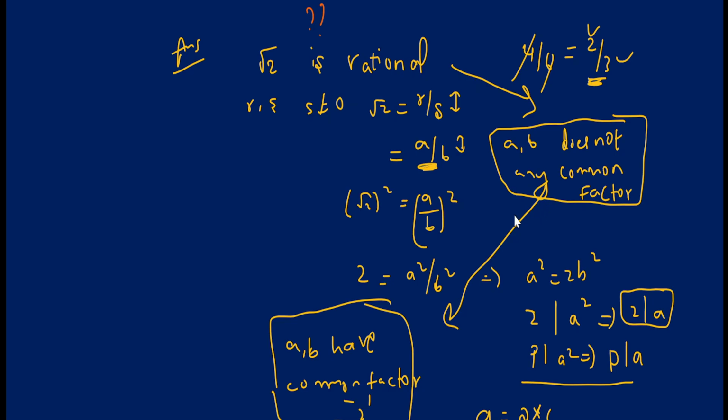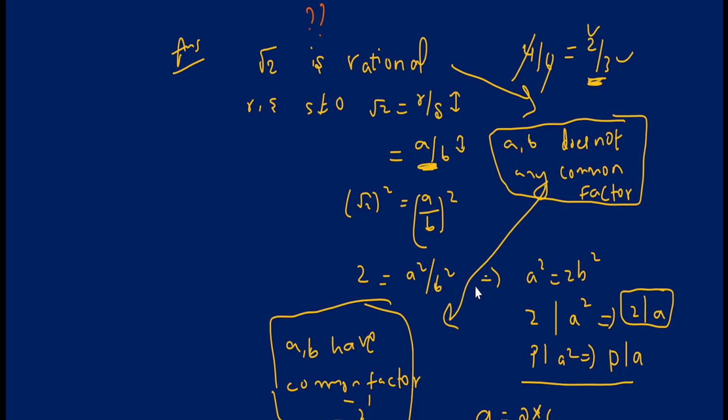So which is true? At some point we are saying a and b don't have any common factor, but after some algebra, after some manipulations, we are saying a and b have a common factor. So there is no strength in our argument, or it's not correct, right? It's like saying a person is male for some time and after that saying the person is female.